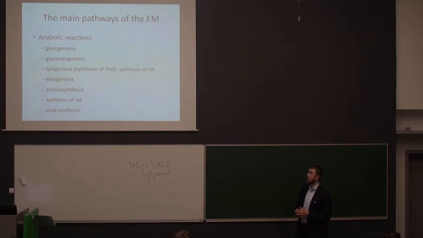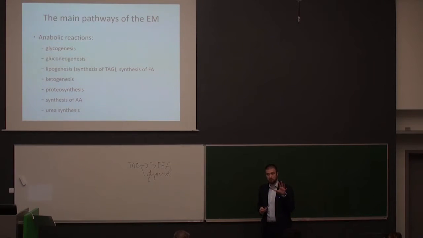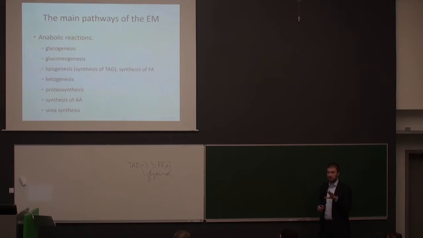Second is called gluconeogenesis, and gluconeogenesis is the reaction where you take some small compounds, typically 3 and 4 carbon atom compounds, and you convert them to the molecule of glucose. For example, you can start with pyruvate, with lactate, or with some carbon skeletons of amino acids, and you convert them to the glucose molecule.